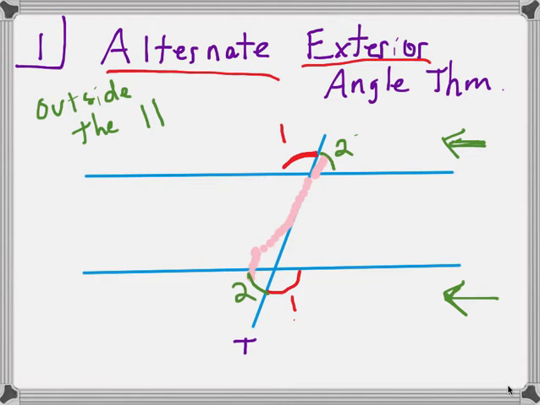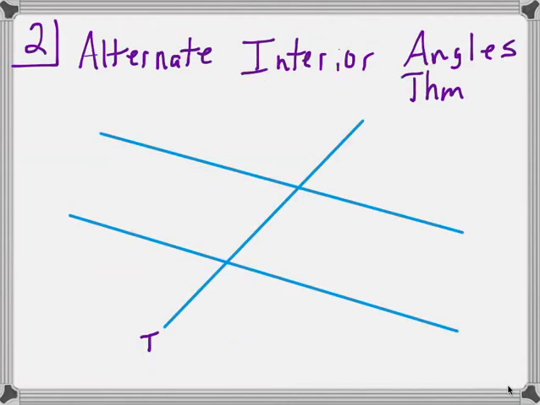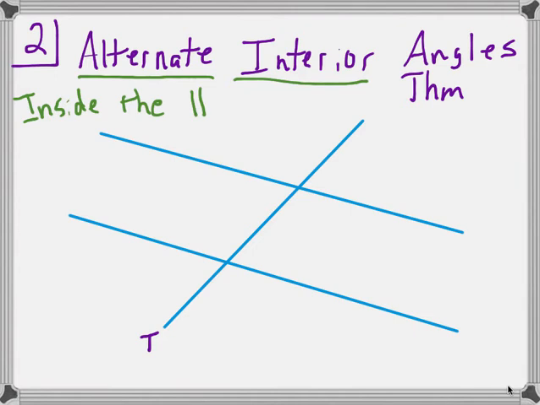Now, similarly, we have the alternate interior angle theorem. Alternate means across the transversal. Interior means inside the parallel lines. And this is a symbol used for parallel lines. It looks like 11, but it's not. So let's say we have angle 2 here and angle 1 here.